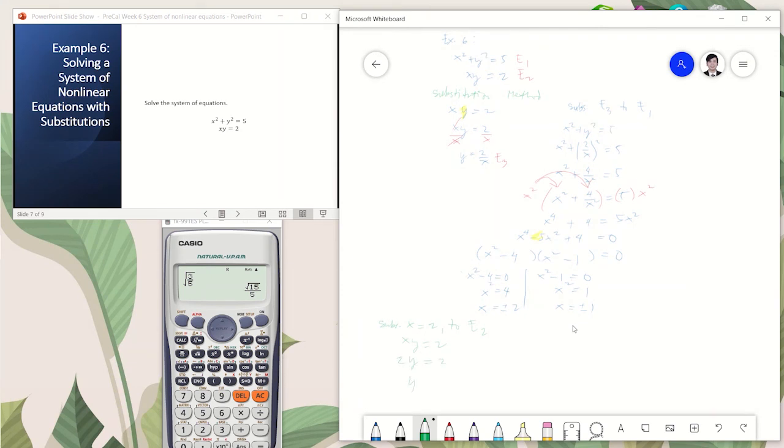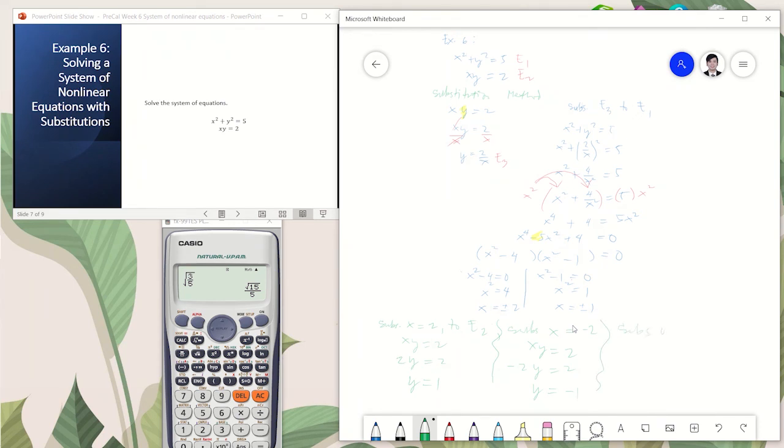Divide both sides by 2. Y is equal to 1. If it is -2, so -2 y is equal to 2. Divide both sides by -2. So y is equal to -1.